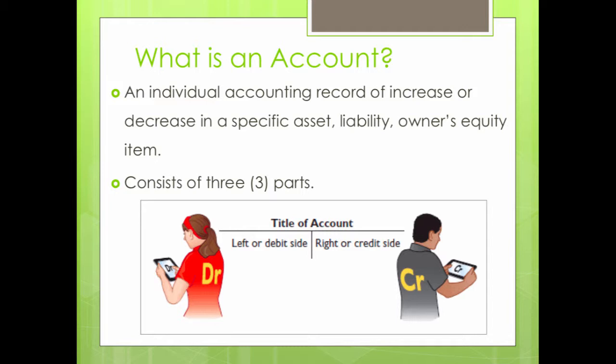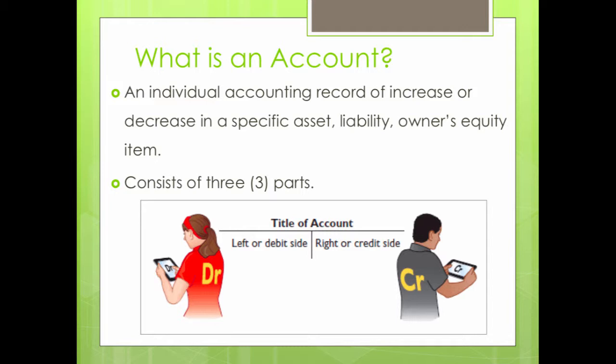transaction data. In chapter 1, you learn that there are several accounts within the parts of the accounting equation. Remember, for example, assets, you had the cash, you had the supplies, you had the equipment. All those were accounts within the accounting equation. So here we review what is an account. An account is an individual accounting record of increases or decreases in a specific asset, liability, or owner's equity.